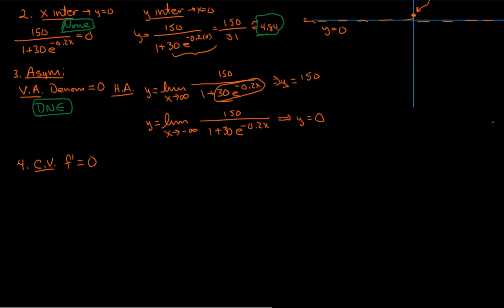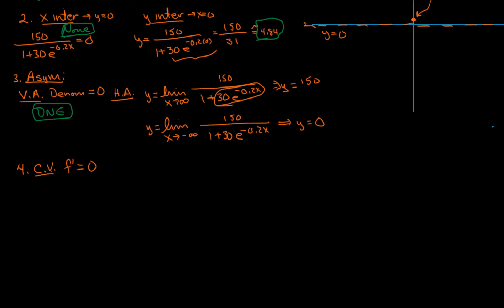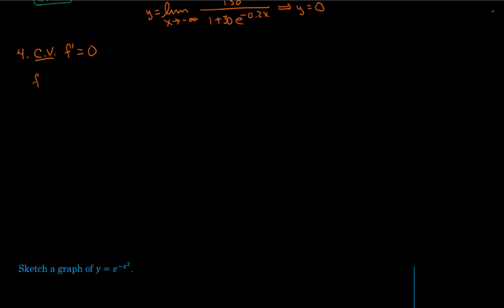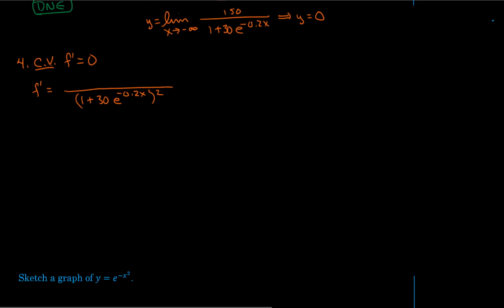Okay, so I need to compute the derivative. Well, what this is going to give me here is the derivative is going to equal to, the denominator is pretty easy. It's 1 plus the 30 e to the negative 0.2x, that whole thing squared. Now, in the numerator, using the quotient rule, I'm going to have the derivative of the 150.